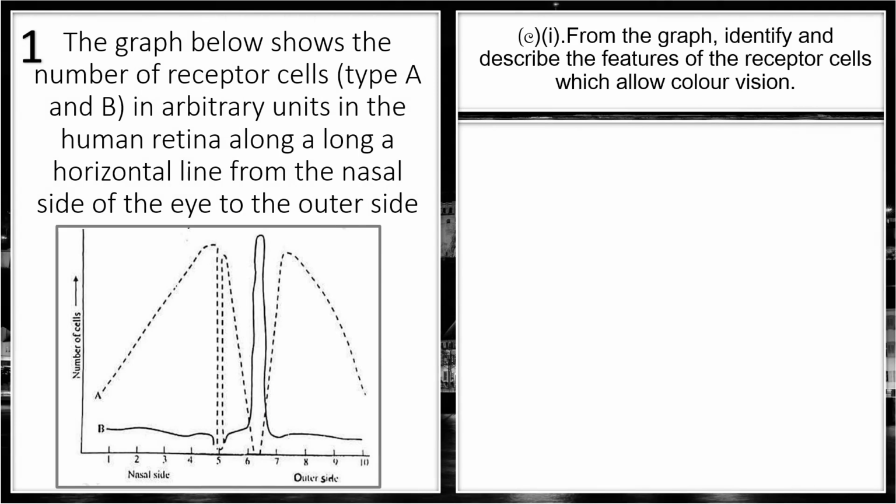Part C, Roman 1. From the graph, identify and describe the features of the receptor cells which allow color vision.